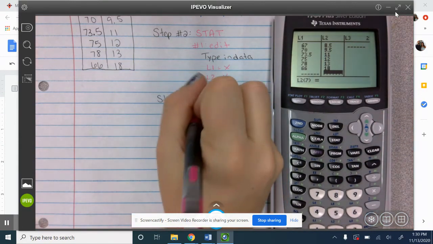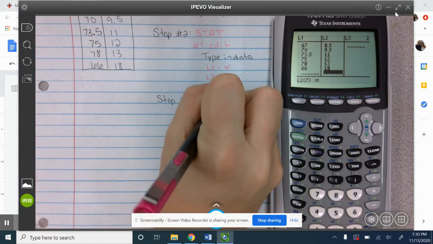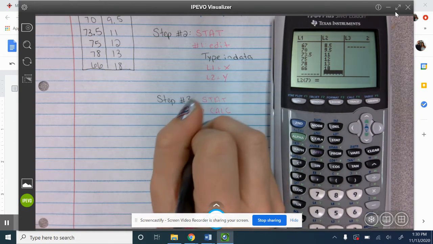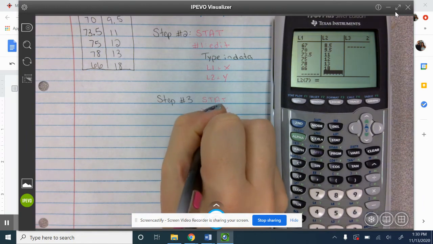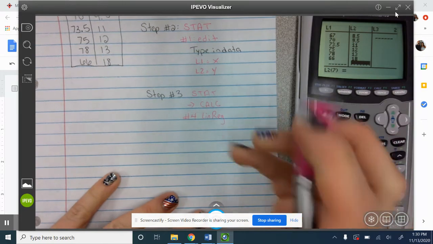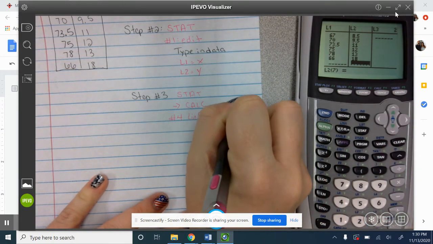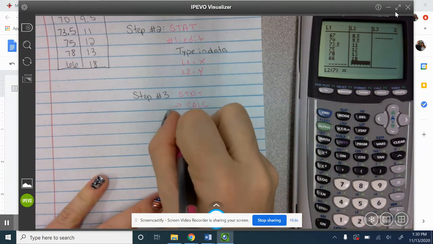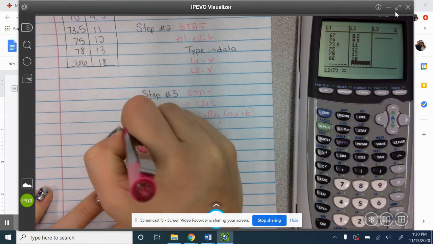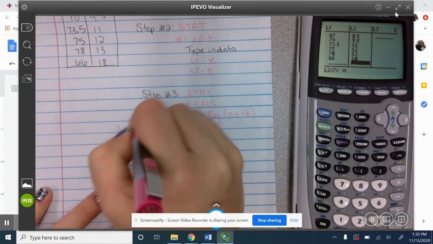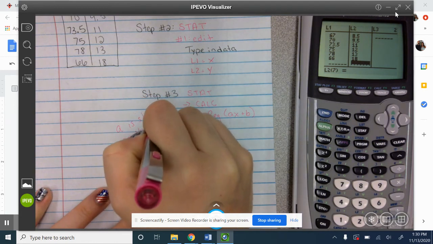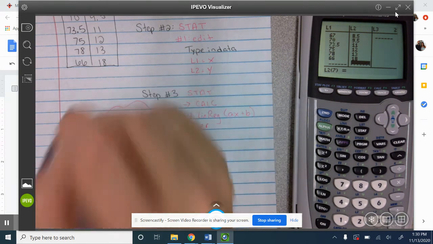Step number 3, we're just going to continue walking through here. So we're going to go to Stat. We're going to go over and hit the word Calc. We're going to hit number 4, which says Lin Reg for a linear regression. And it's going to say ax plus b. And we're going to hit enter. So we need to remember that a is slope on the calculator.